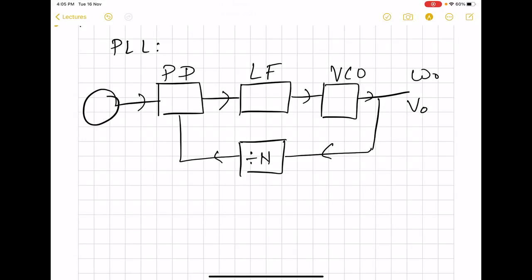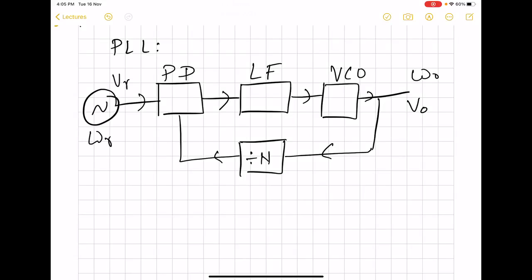And here the input to the PLL is going to be a periodic waveform of, say, frequency omega r, and this will be basically voltage VR feeding to the PD.